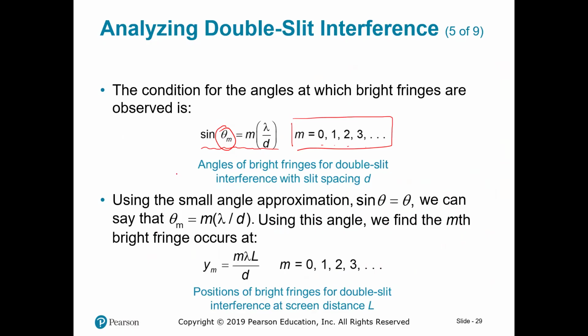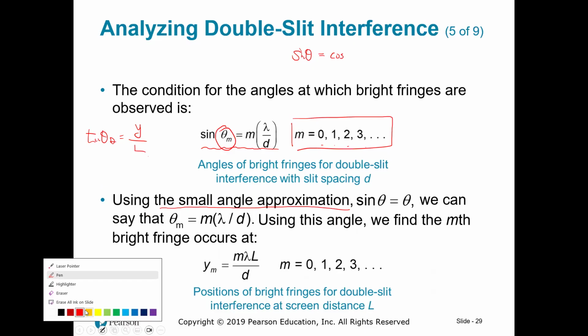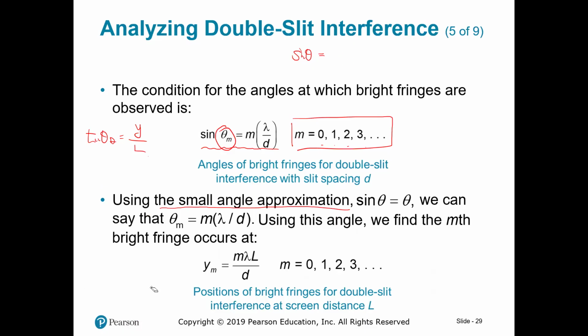And then, you remember the other equation we just derived, tan theta is y over L. Here we will use a mathematical technique called the small angle approximation, which says sine theta and tan theta are approximately theta when theta is small.